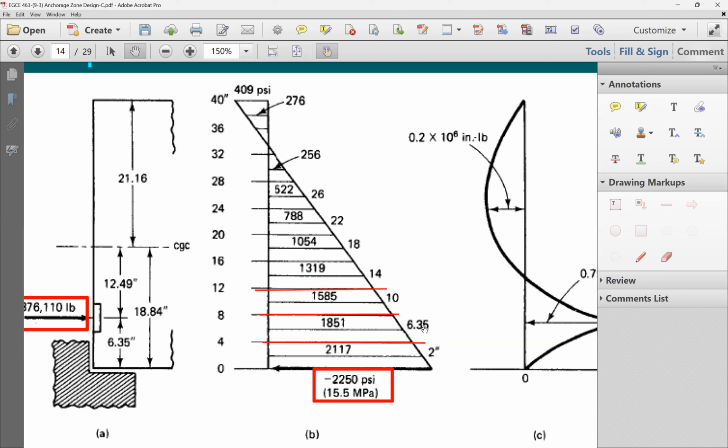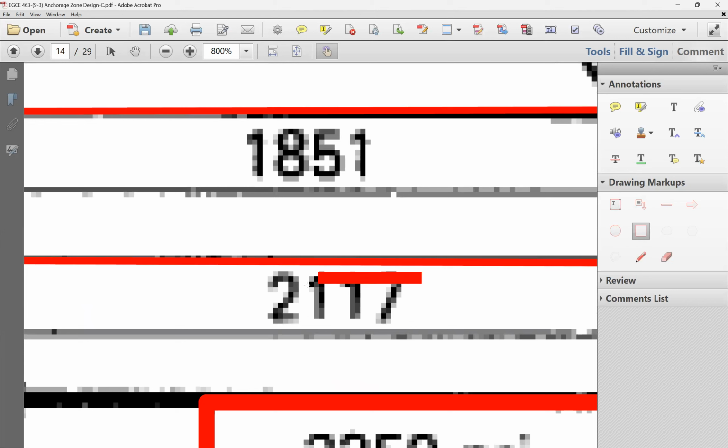At each height, let's say this is going to be the mid height of this strip or segment. I need to find out the stress. So what are these numbers in the middle? They're going to be the stresses. It's going to be at this line, not this one, it's going to be at this line here. So this one here refers to, if you'd like to take a note, 2117, right?